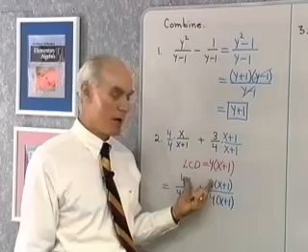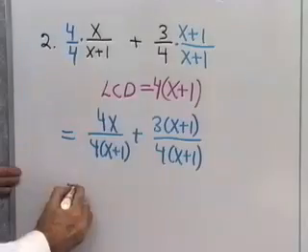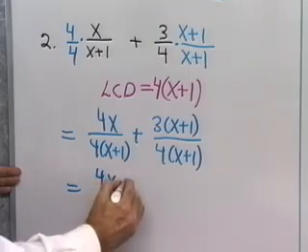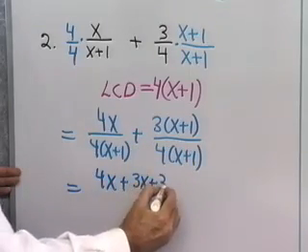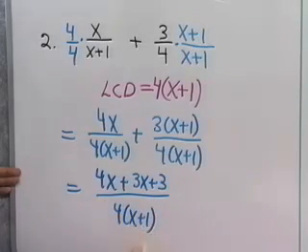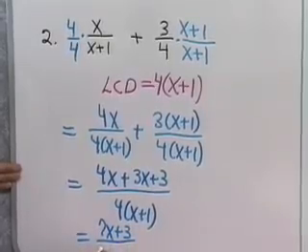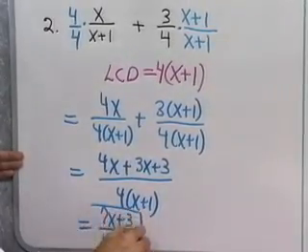That means that I can combine the numerators and put the result over that least common denominator. So I'll do that. This is 4x plus, let's multiply this out, 3x plus 3, all divided by 4 times x plus 1. Now 4x plus 3x is 7x plus 3, all divided by, I can multiply that out or leave it the way it is. Let's just leave it the way it is, 4 times x plus 1.